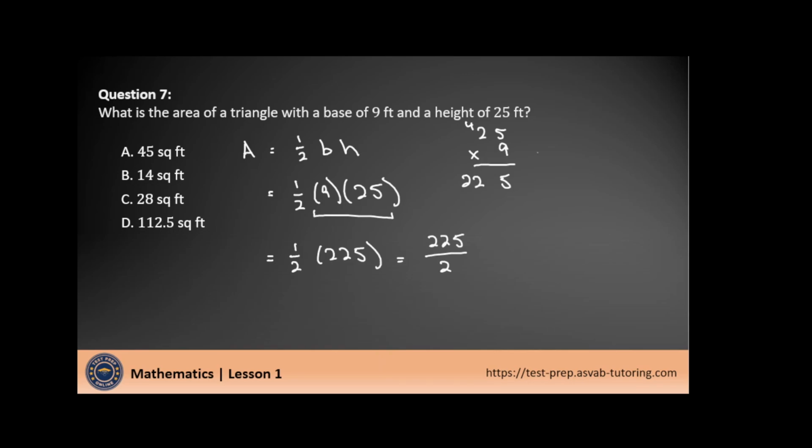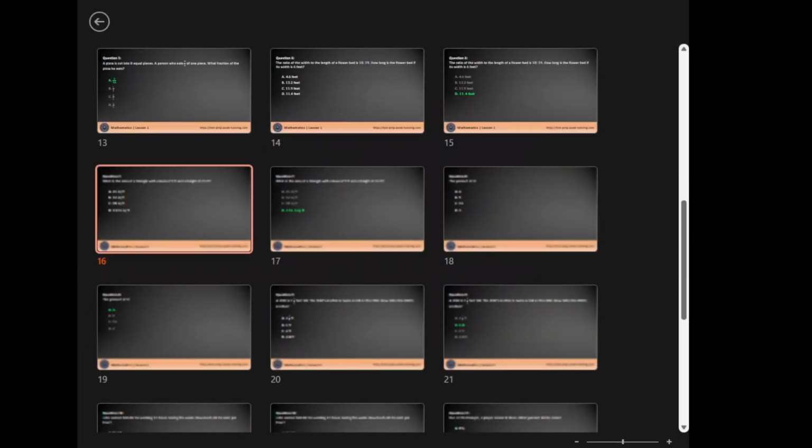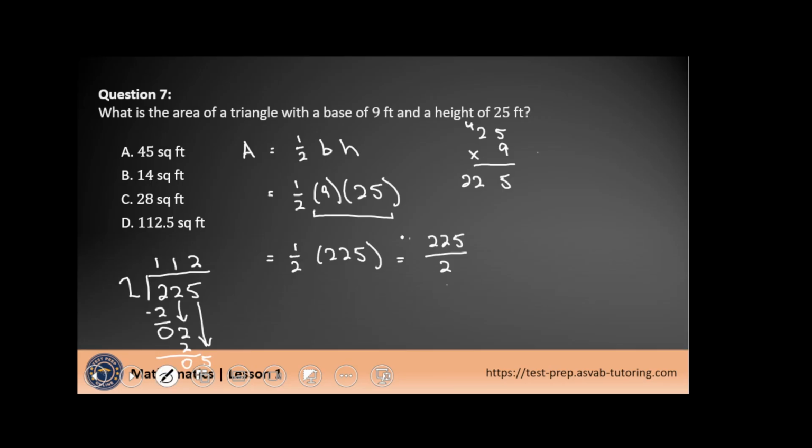And then we can do our long division, so 225 goes in a box, 2 goes outside. 2 goes into 2 one time, just 2, drop down a 2, 2 goes into 2 again one time, subtract, bring down a 5, 2 goes into 5 twice, which is 4, running out of space here, so we're going to do 5 minus 4 is 1.